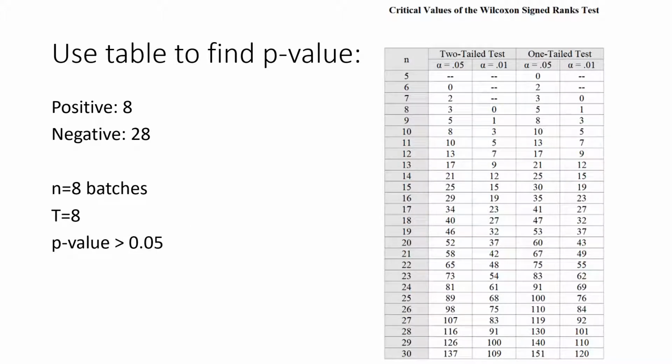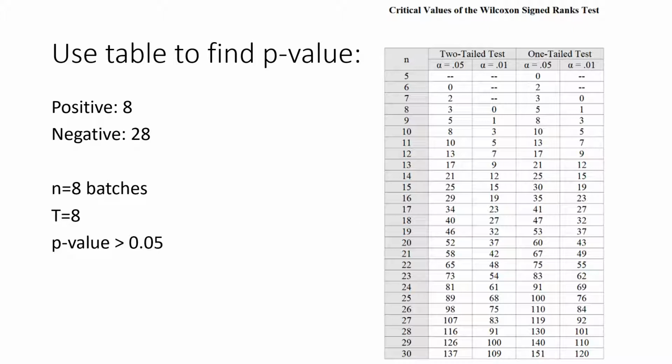The next step is to use a table to find the p-value. Here, remember, my sample size is 8, so I look down the left-hand column of my table till I find the number 8 for my sample size, and then I look over and I can see that my t is... a t of 3 would give me an alpha level of 0.05.